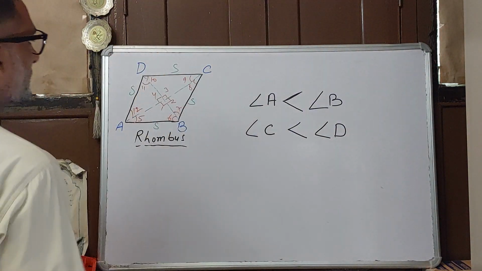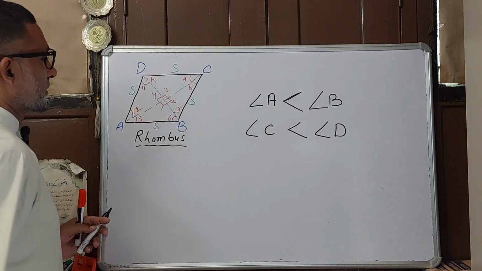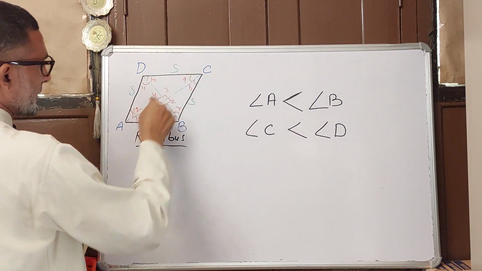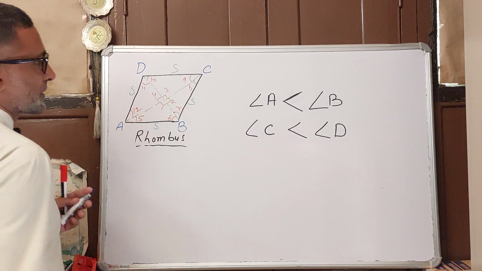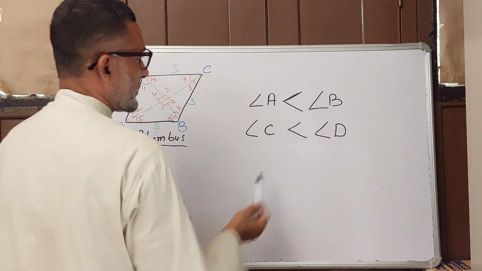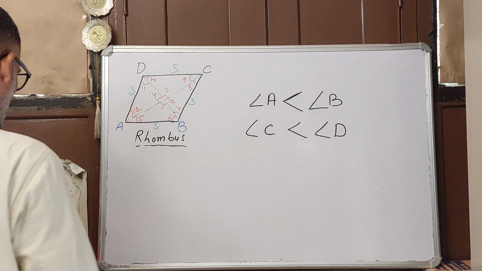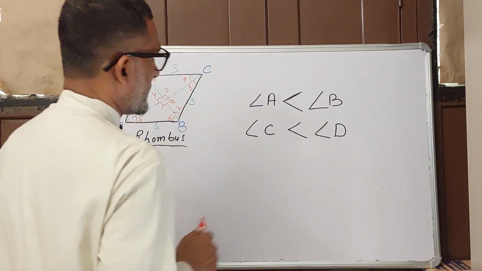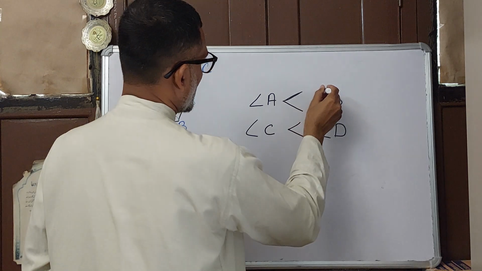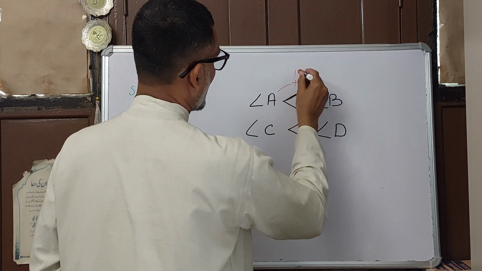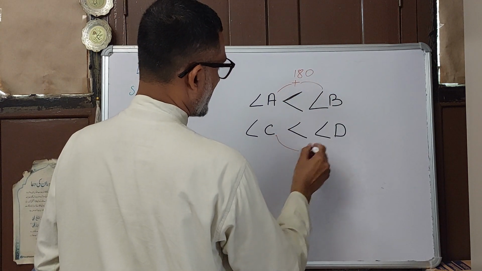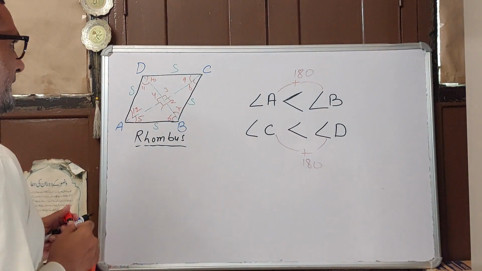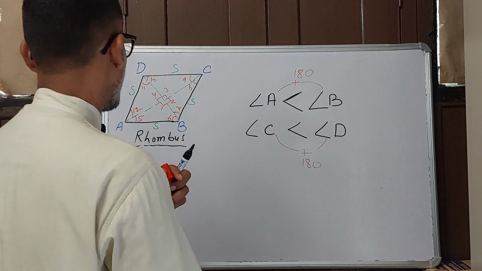When we see from this side, we can easily see that this angle is the same as this one, and this angle is the same as this one. So both are less, but the sum of this and this will always be 180, and the sum of this and this will always be 180.